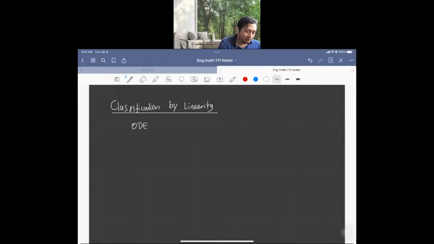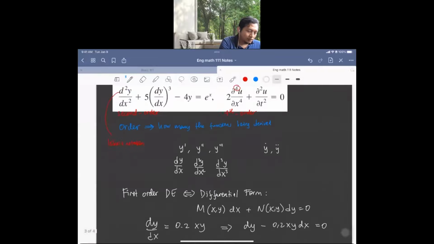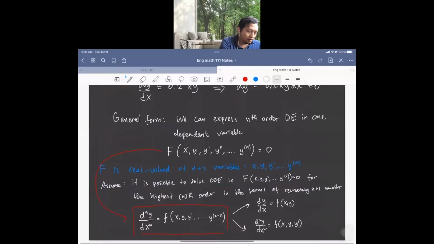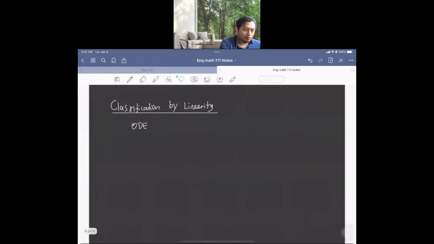So the ODE, if we look again at the normal form, I will copy this just to cut the time.